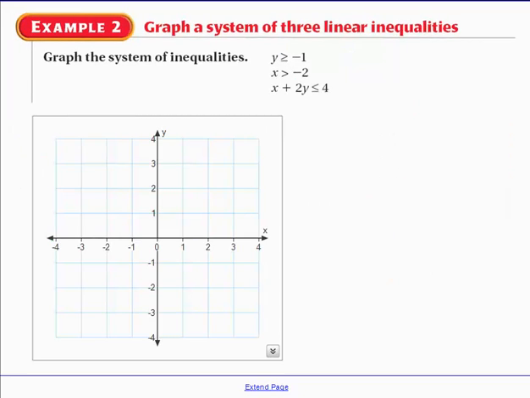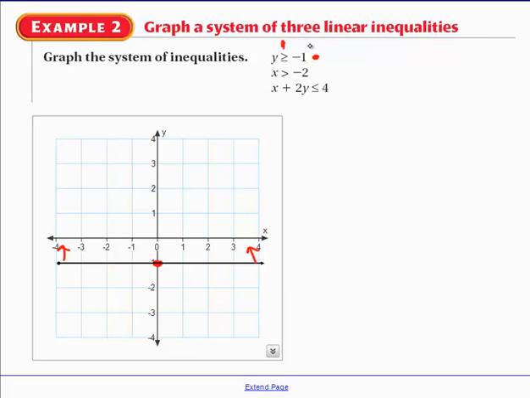Here's example 2. You gotta do a little bit more work because there's standard form here, but it's okay. First, I'm going to graph y greater than or equal to -1. It is a solid line. And I will be shading above. So I'm just gonna do this.